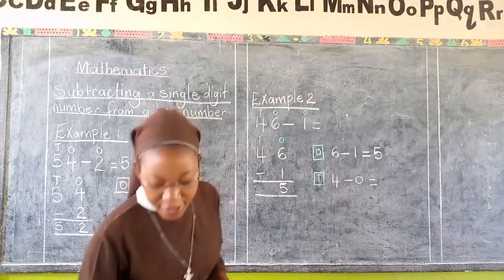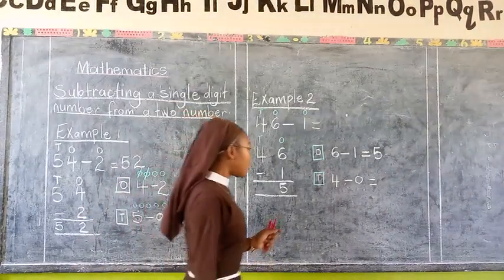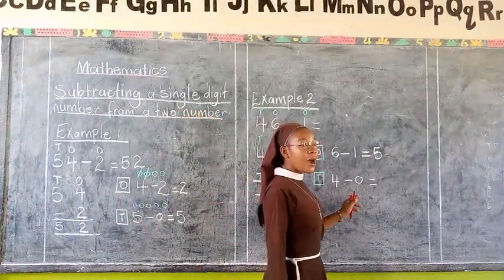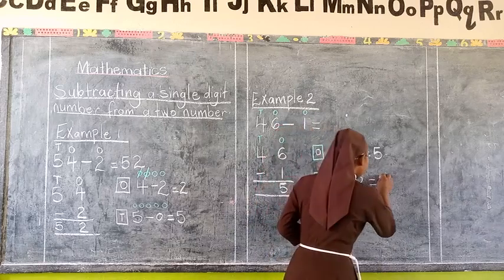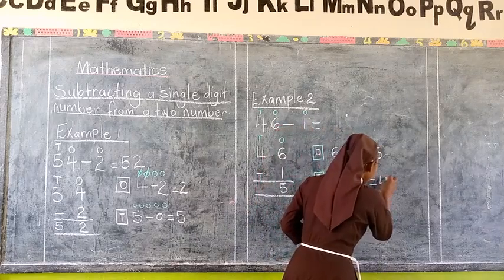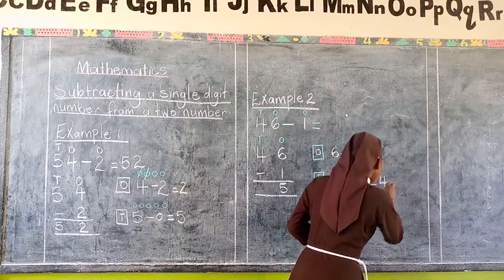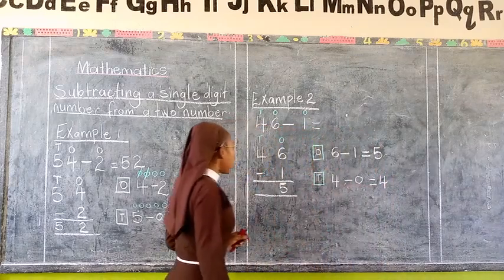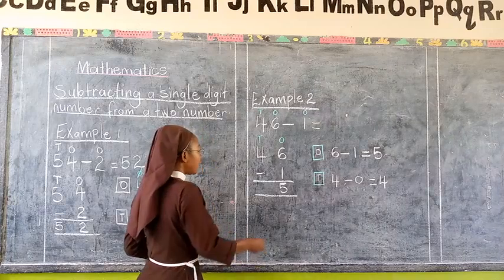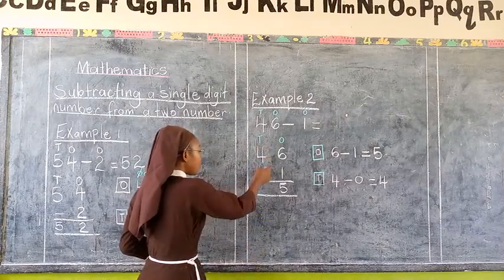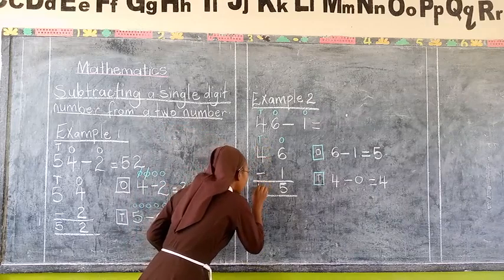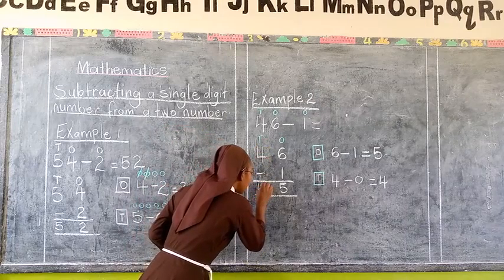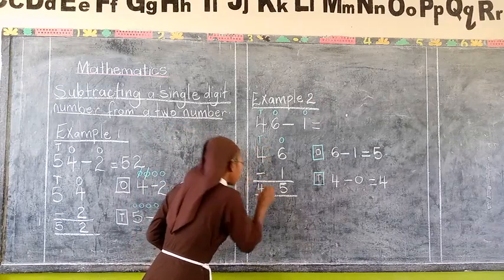So 4 take away 0, we shall have our answer as 4. We come here and write 4. Make sure you write number 4 properly. We come under the 10th place value and we write 4.